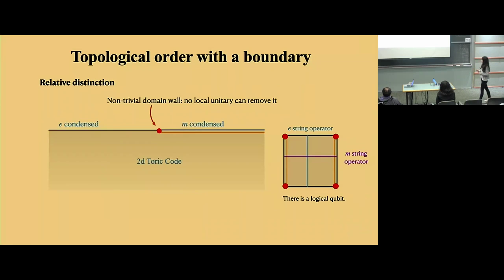In this particular example, if you create this kind of geometry such that two parallel sides are m condensed and the other two parallel sides are e condensed, then you create 4 domain walls, and you can find that this state always has a ground state degeneracy of 2, which can never be removed by any local operators. That means there's a degeneracy that's encoded in this domain wall. So it's a non-trivial one that can never be removed. And because of this, these two can never be the same type of boundary.